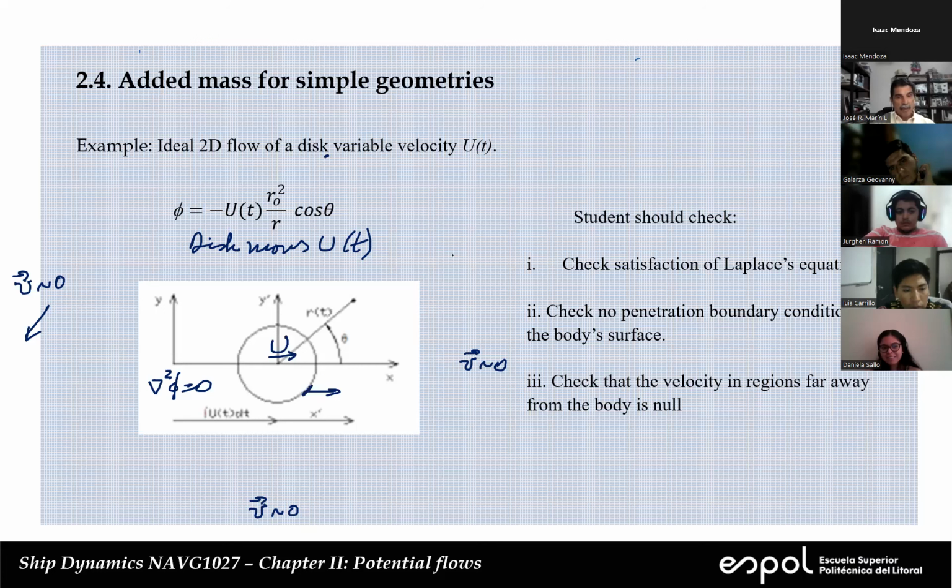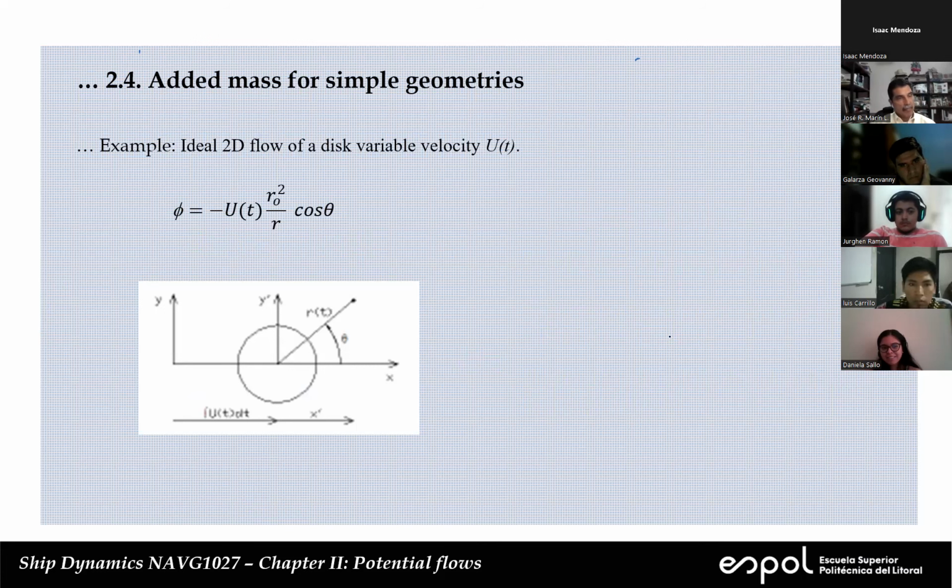So think about it. And finally, you have to check that far away from the body, there is no influence from the body. You have to do it. Now let's go on and try to calculate the pressure distribution. So that's the problem that we're going to analyze.